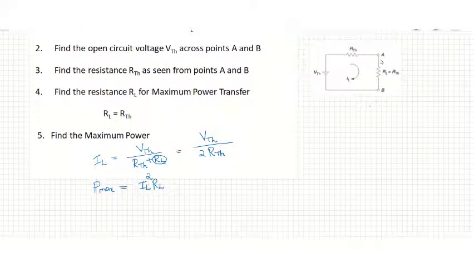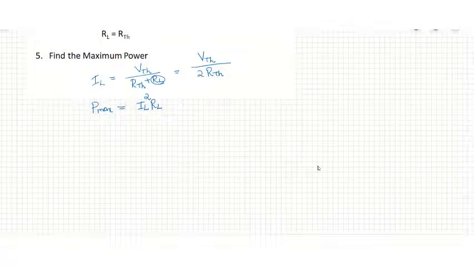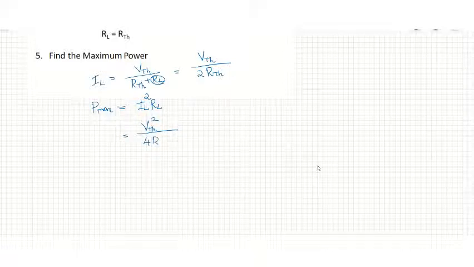IL is current through this load, the square into RL will be the maximum power. That is equal to, substitute for IL, VTH square by 4 RTH square into RL. RL is again same as RTH.